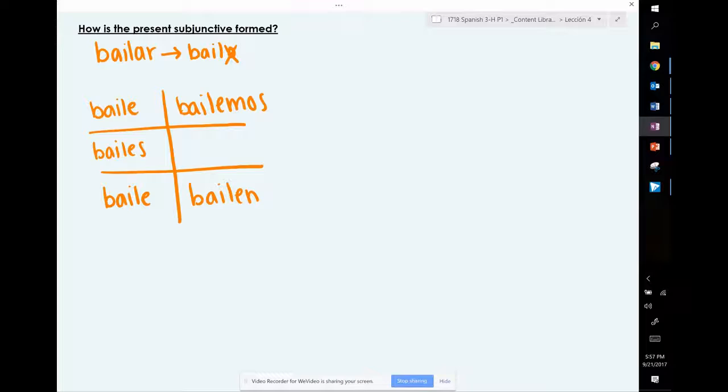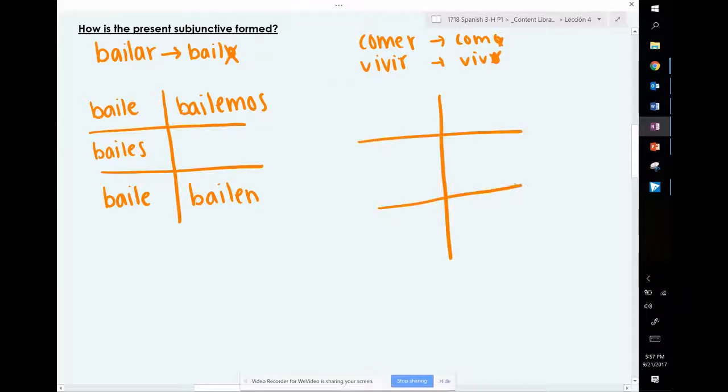Go to the present indicative yo form, drop the O, add the opposite endings. Same concept applies for ERs and IRs. So like if we have comer y vivir, that would be como, vivo, drop the O, add your opposite endings.